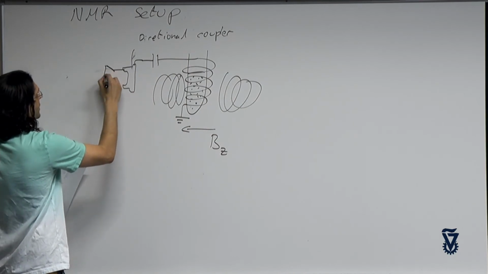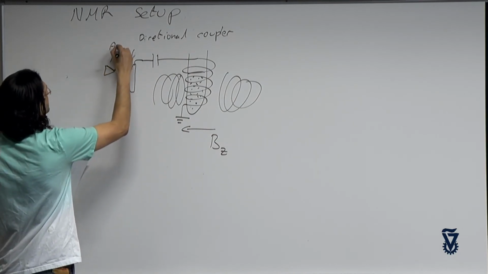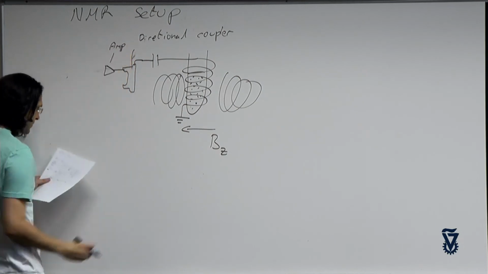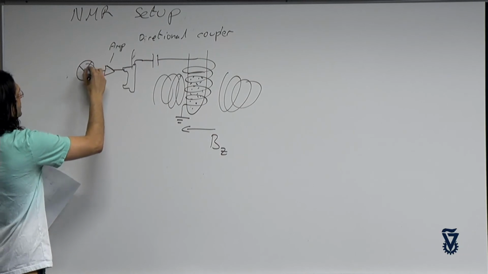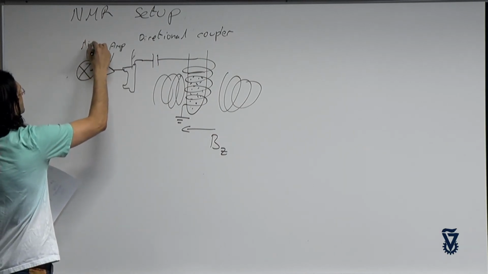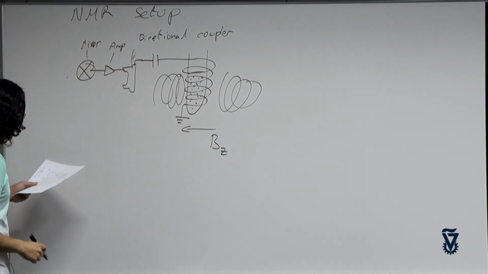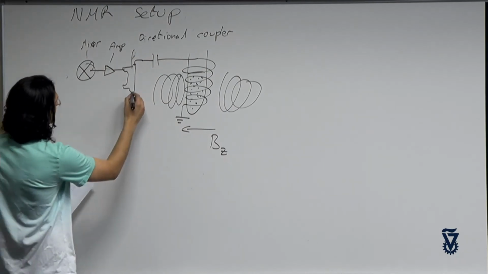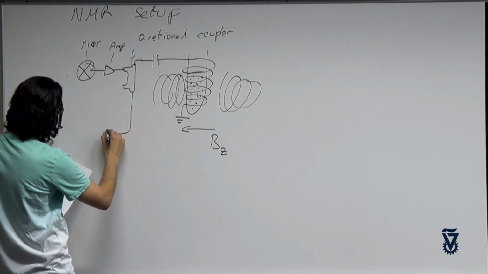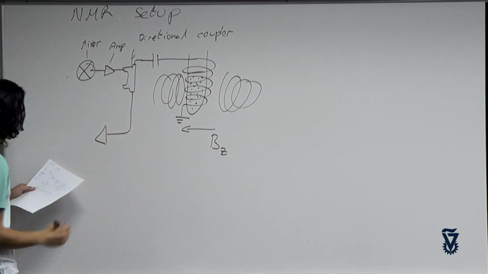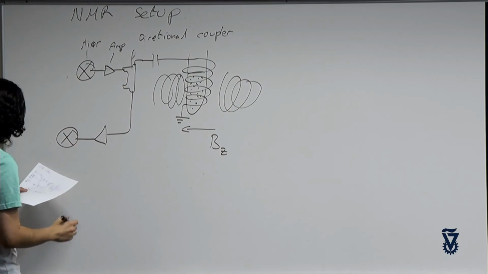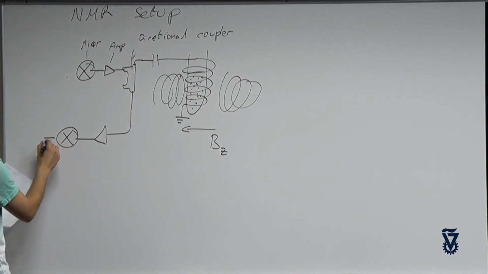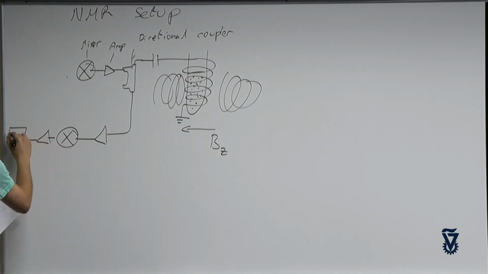This triangle over here is an amplifier, just to amplify signals. This is a mixer. I will explain what it does in a moment. This is another amplifier, another mixer, possibly another amplifier, and a computer. This is a computer.